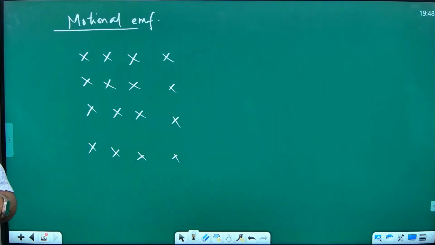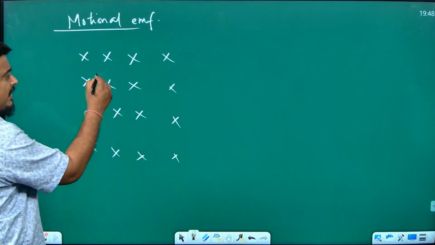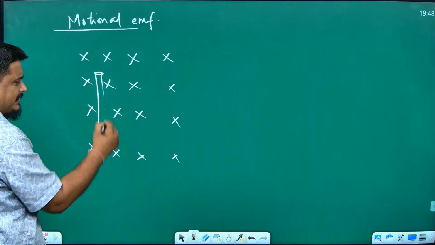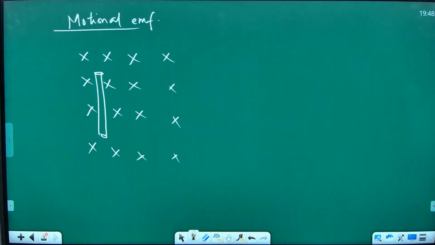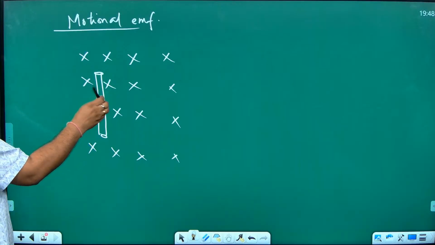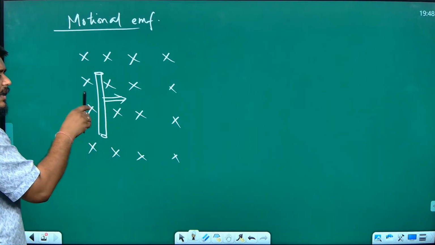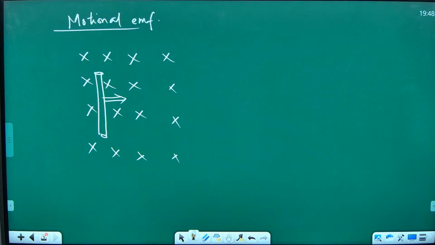You will realize now, if I take a conducting rod and keep it in a magnetic field, no current, nothing is there. I am just moving this conductor from left towards right. You know what will happen?